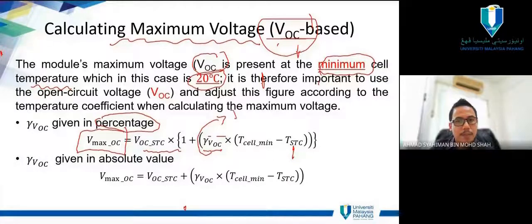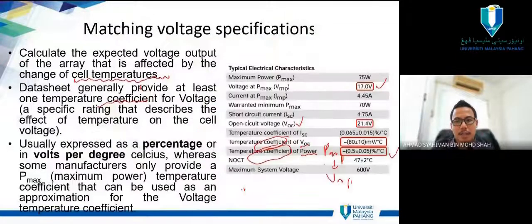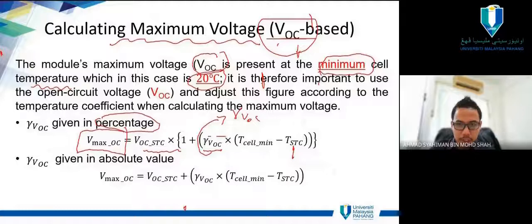Take the VOC one. For example, negative 80 over 1000, because it is in millivolts. So this is the value of the temperature coefficient of VOC. Put that value in. And then T cell minimum. T cell minimum here, how much?